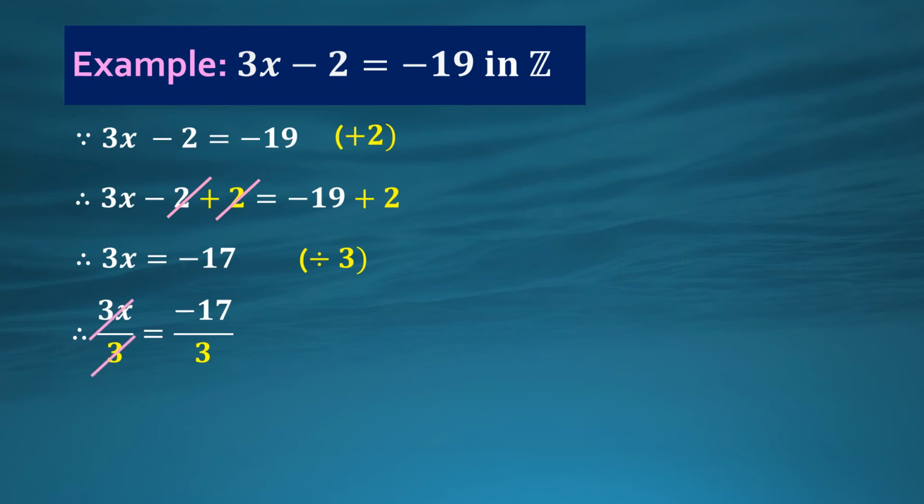And we will cancel 3 with 3 in the left side to get x equals negative 17 over 3. And negative 17 over 3 doesn't belong to Z. So the solution set here will be equal the empty set.